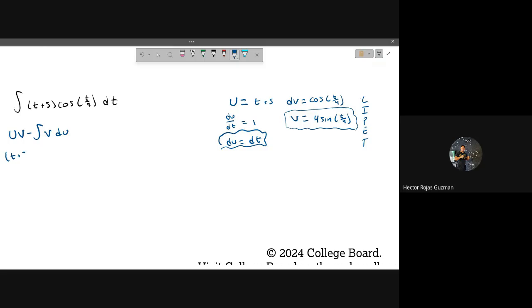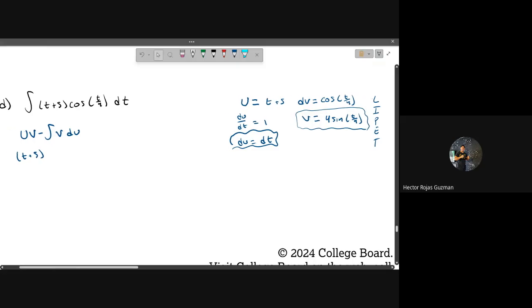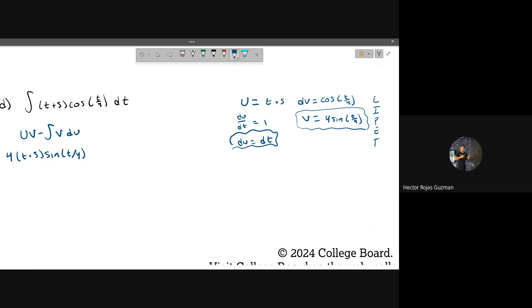So we got t plus 5 times 4 sine of t over 4. I'm just going to put the 4 in the front. If we had limits of integration, you would have to integrate this and evaluate it from a to b, right? Just a review for you guys. Minus the integral of v du.